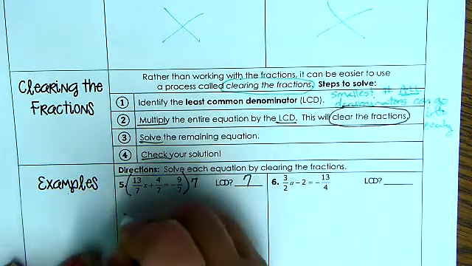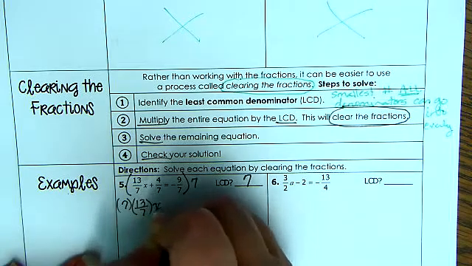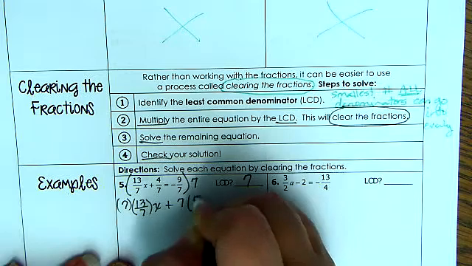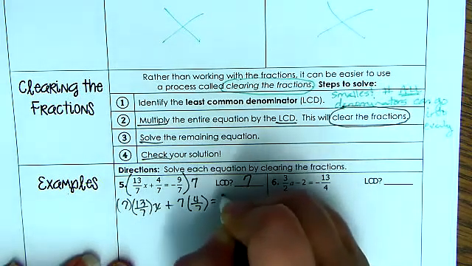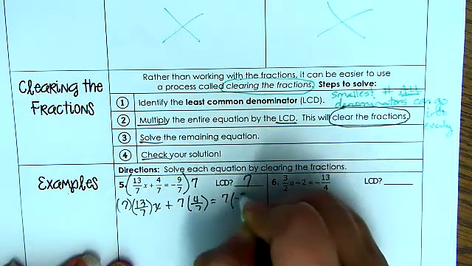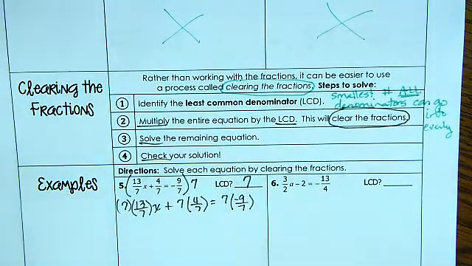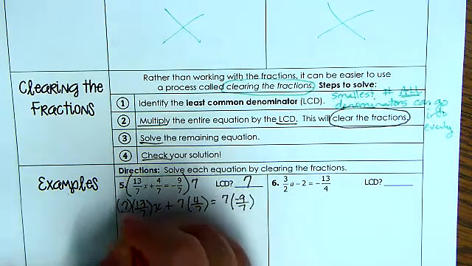That means I'm doing 7 times 13 over 7 x plus 7 times 4/7 equals 7 times negative 9/7. Now, what you need to remember is when I have a whole number, to make it into a fraction, I put it over 1.